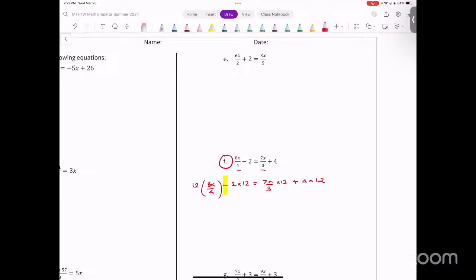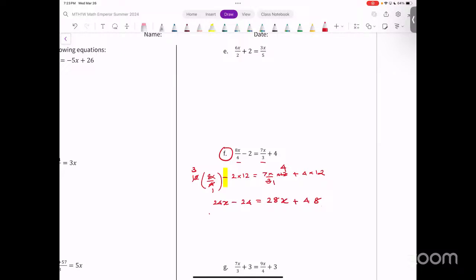All right. 12 divided by 4 is 3, 12 divided by 3 is 4. So we got 3 times 8x, 24x minus 24 is equal to 28x plus 48.